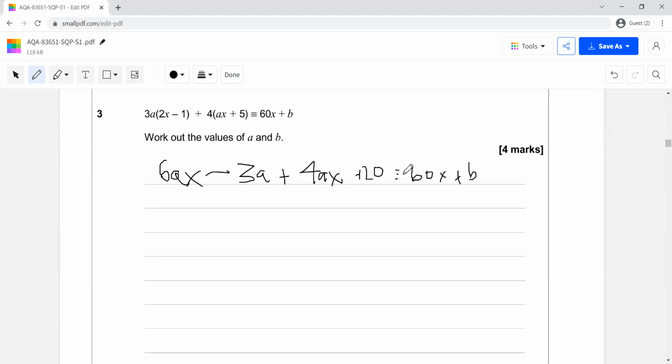Now collecting the x terms, I have x into brackets 6a plus 4a, and the constant terms are 20 minus 3a.